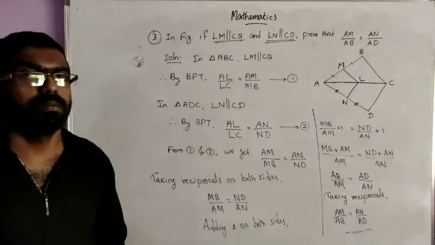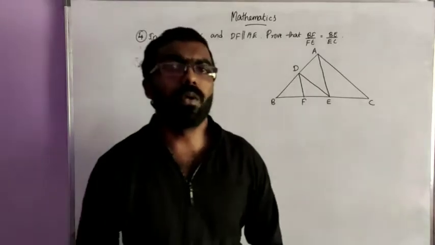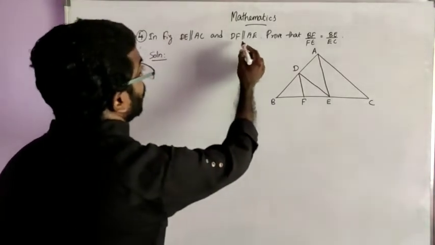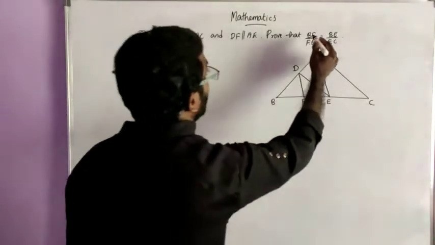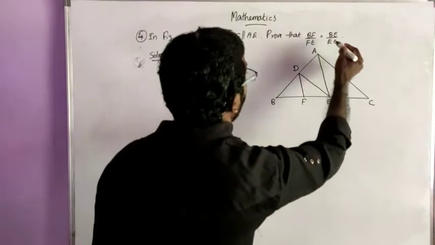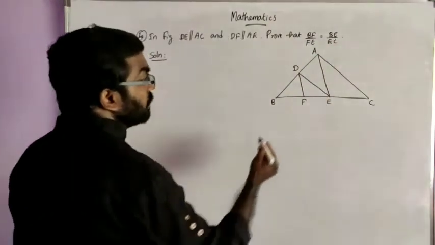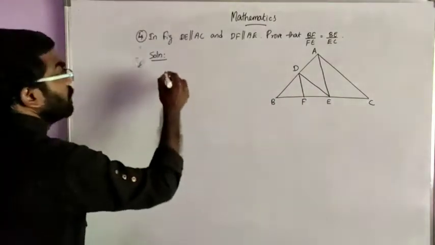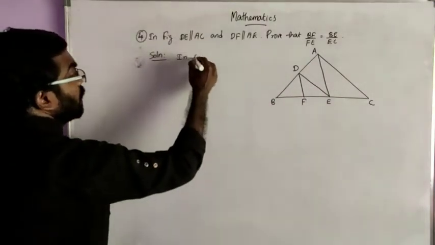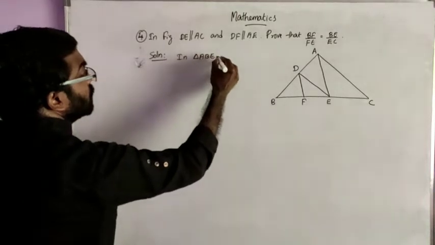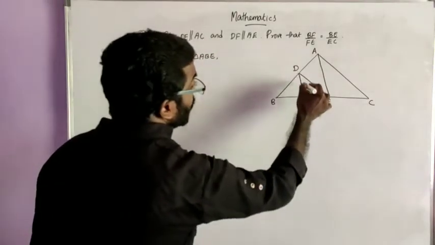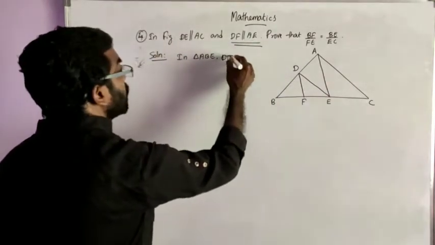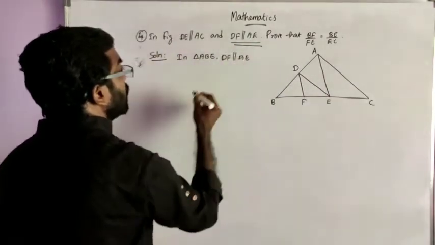Okay, understood? Now we move on to the fourth question. In figure DE parallel to AC and DF parallel to AE, prove that BF by FE is equal to BE by EC. So first we can take the triangle ABE. So in triangle ABE, DF is parallel to AE, is given.